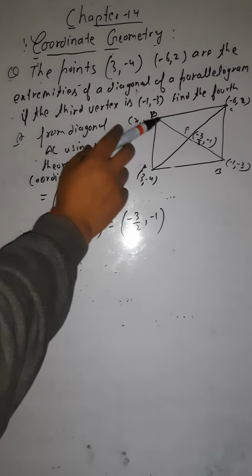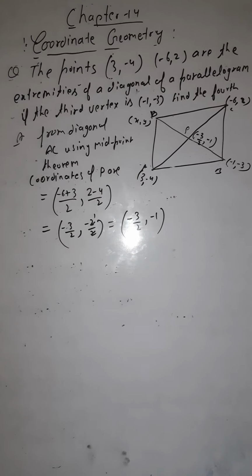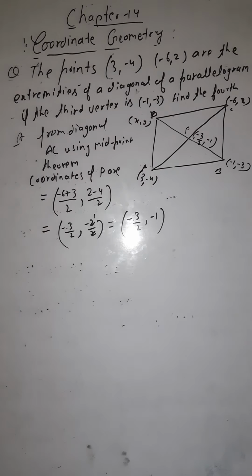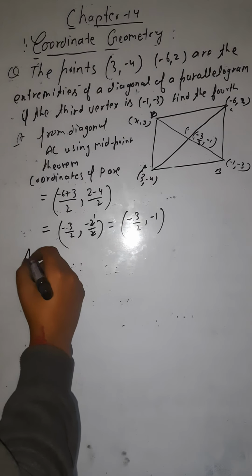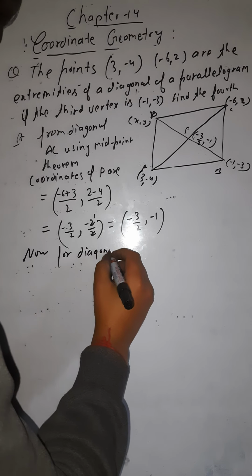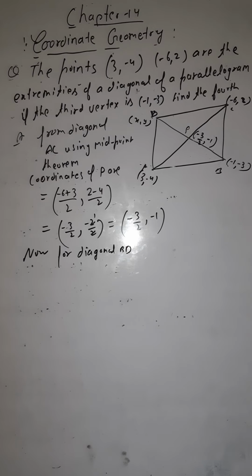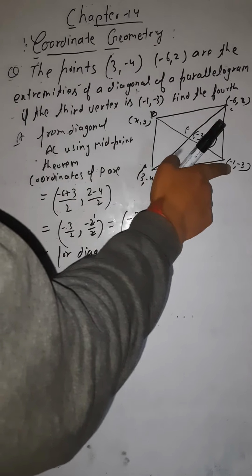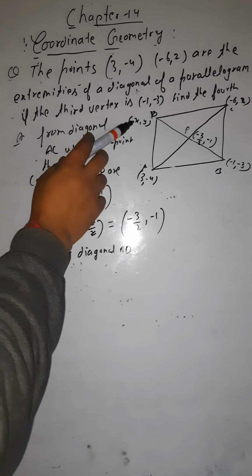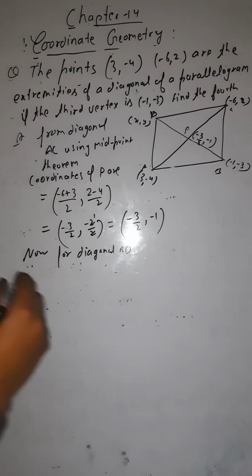Now again using the diagonal BD, because this point P is also the midpoint of the diagonal BD, I am going to use the midpoint theorem here for the diagonal BD. If P is the midpoint of BD, its first coordinate would be equal to its first plus its first divided by 2.